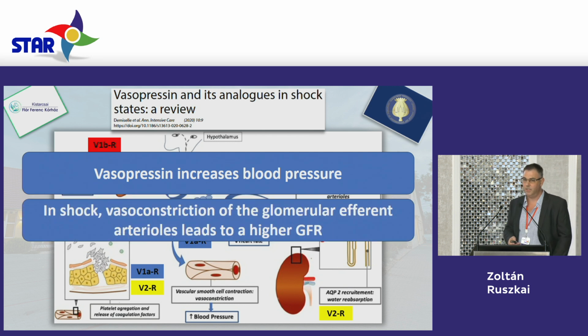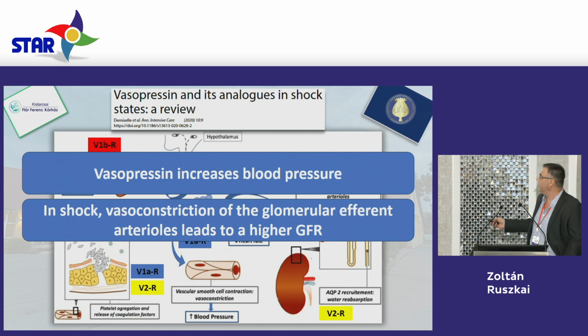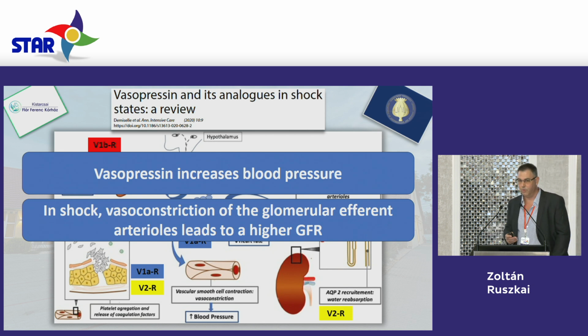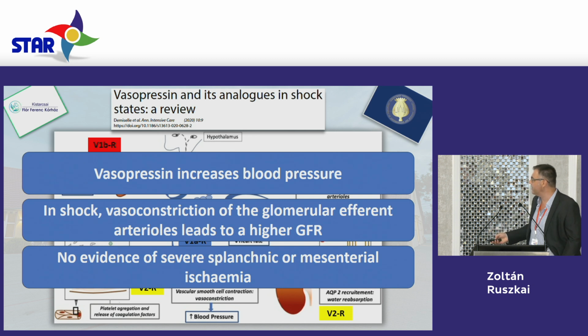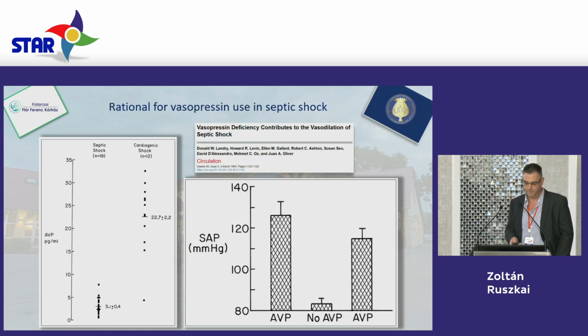And interestingly, in sepsis and shock, vasopressin constricts the glomerular efferent arterioles, and it leads to a higher GFR and a better urine output, theoretically. And we know that no evidence of severe splanchnic or mesenteric ischemia occurs if we use vasopressin.